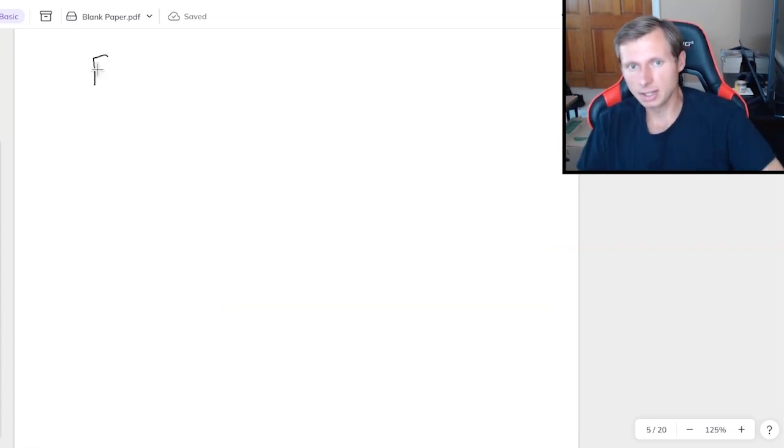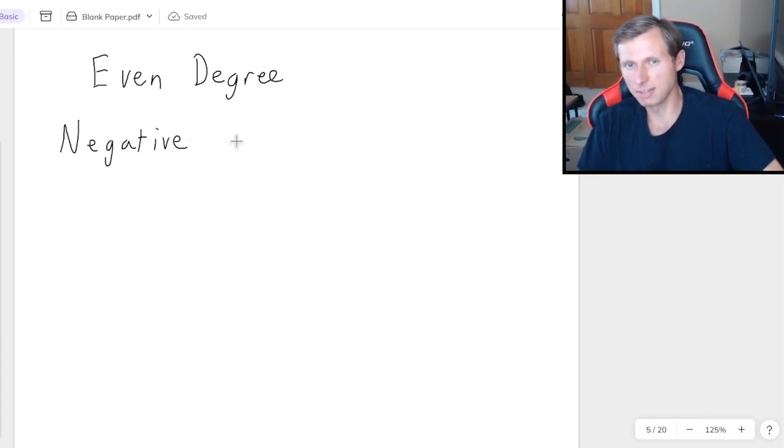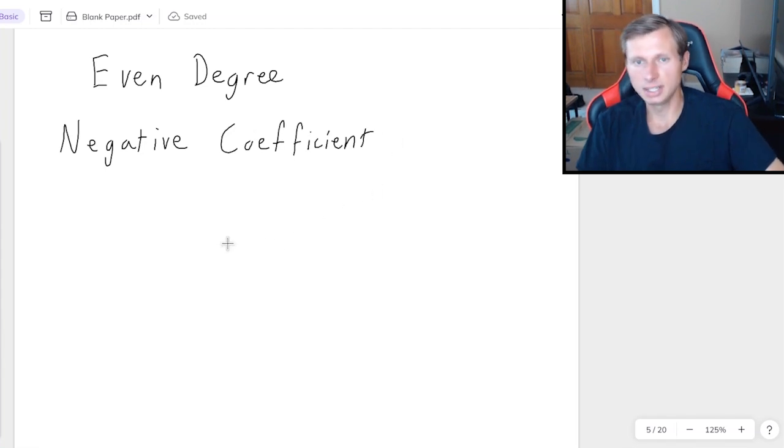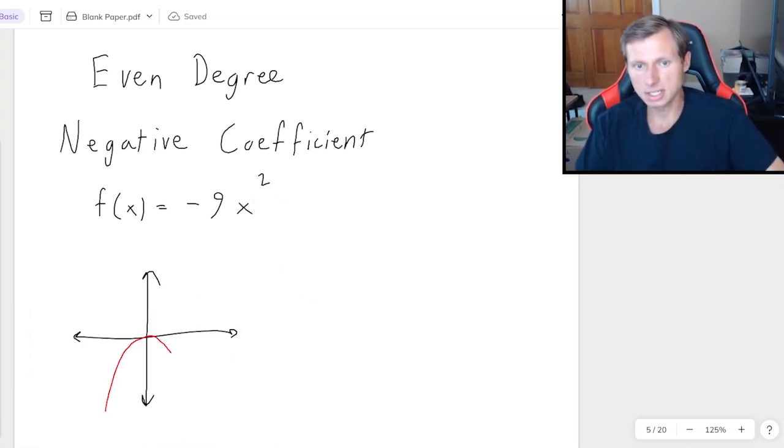And then finally, the last case, which you should probably be able to guess, because it's the only thing we have left for the end behavior: even degree, negative coefficient. Maybe it's something like f of x equals negative 9x squared. This is negative and even degree. And so the graph of this is going to look something like this.